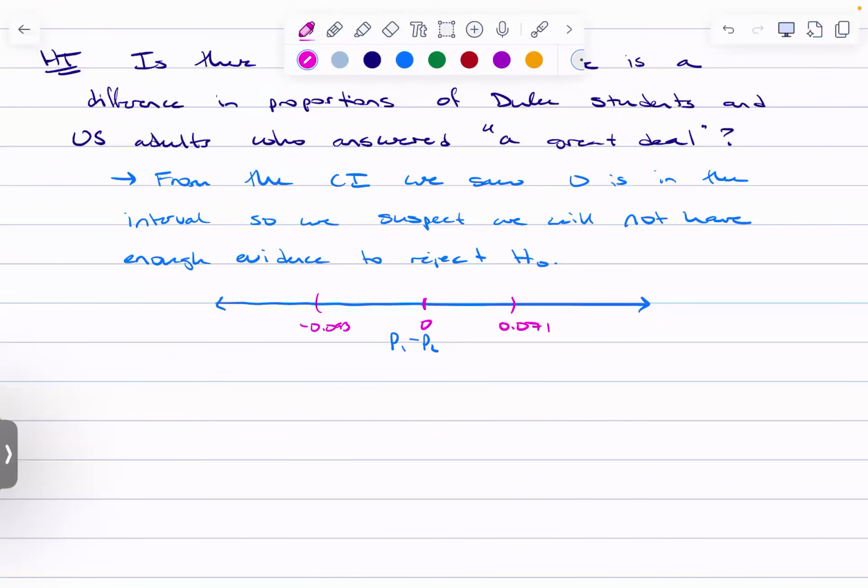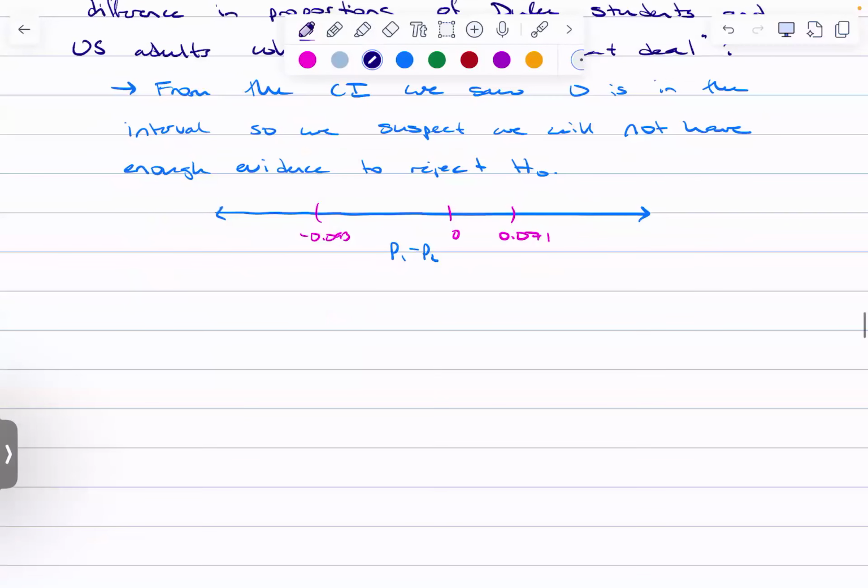Well, 0 is somewhere in that interval, not necessarily at the center, right? But maybe I'll shove it over a little bit. Otherwise, it looks like I centered it on 0. But 0 is in this interval on this number line, which tells me, okay, I'm probably not going to reject H0. But let's see here.